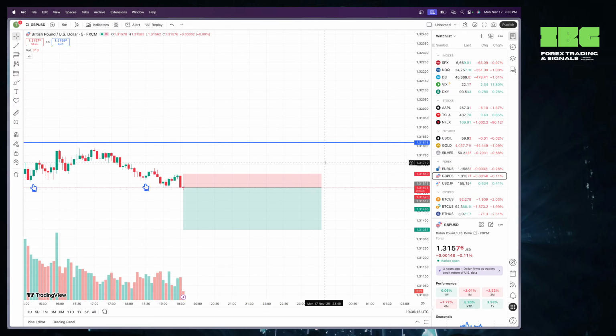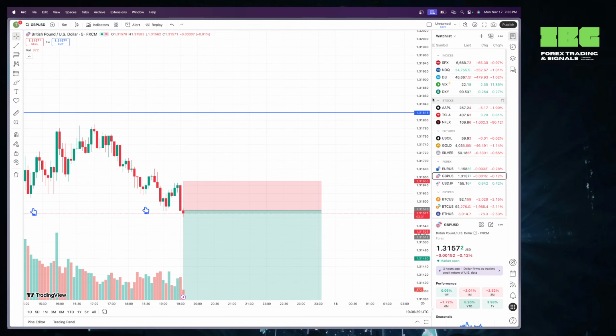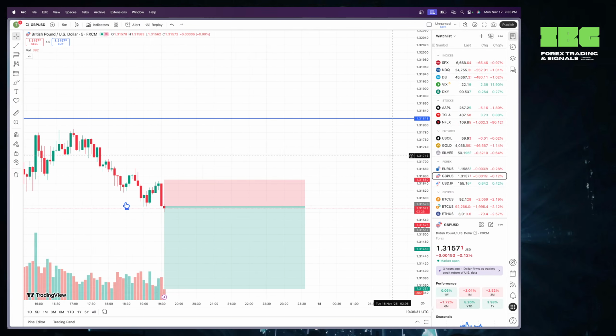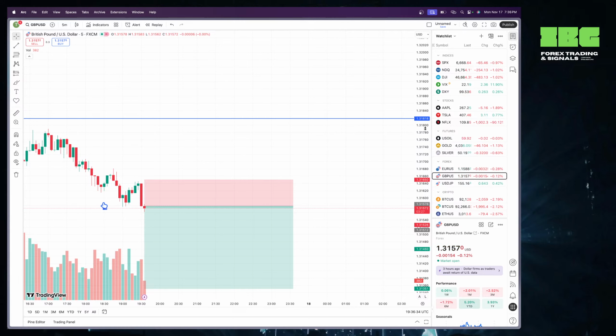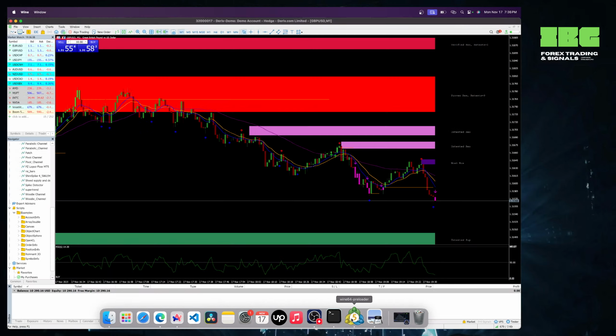I'm just marking the region, so we're gonna log that in. Then we go back to our MetaTrader, where we can make the final decision on whether we're going to trade or not based on our indicators.